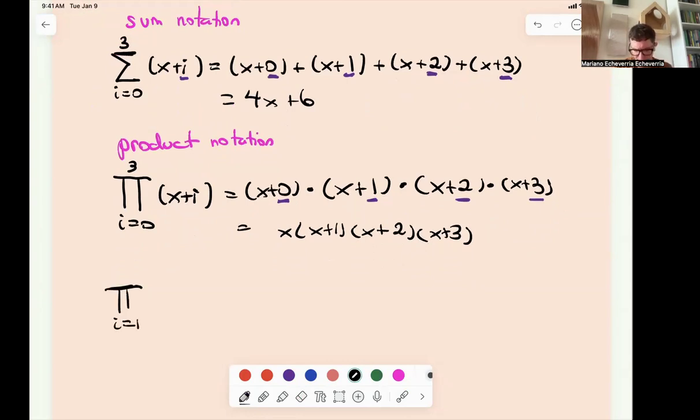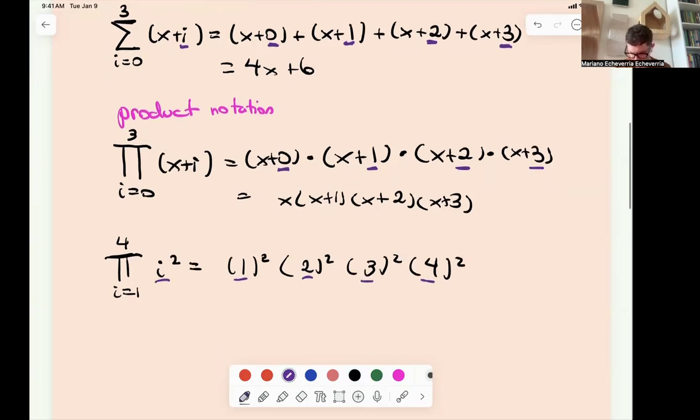You could do the product of i equals 1 to 4 of i squared, right? So what would that be? You start giving different values to i, so it's 1 squared times 2 squared times 3 squared times 4 squared, right? And again, i is taking different values from 1 to 4.